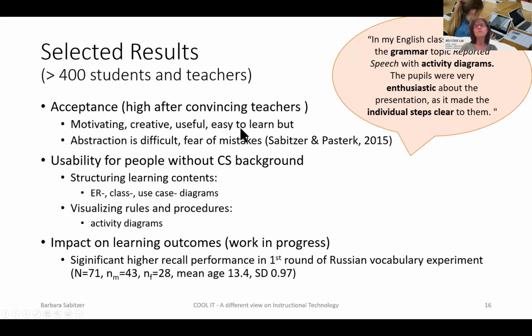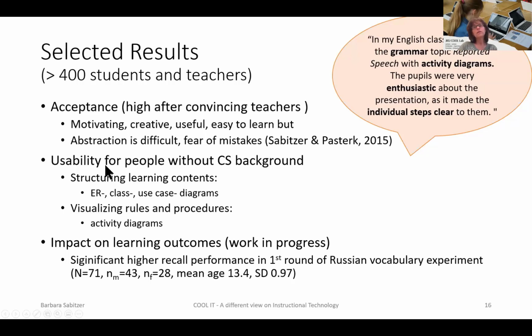One sentence that I often use is, even children in primary school can do that, so it is really not difficult. Then it is okay, then we get the feedback: it's motivating, creative, useful, easy to learn, but only abstraction is difficult. And mainly the teachers, the students know, the teachers have fear of mistakes.